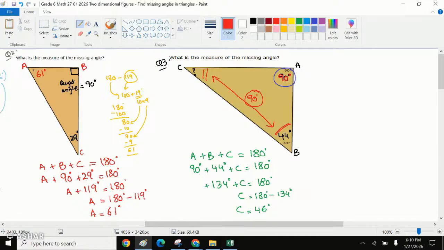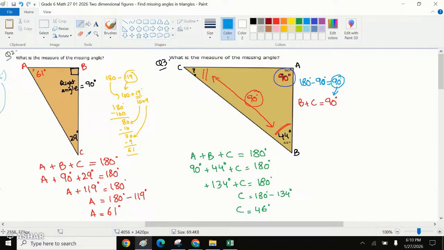So can we say B plus C is equal to 90 if only it is a right angle triangle, because 90 is already there and we know that when we subtract 90 from 180 we are left with 90, right? That means the remaining two angles would be equal to 90.